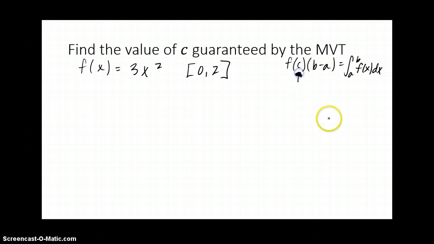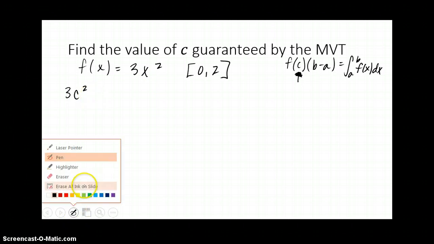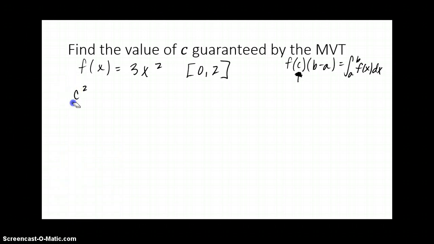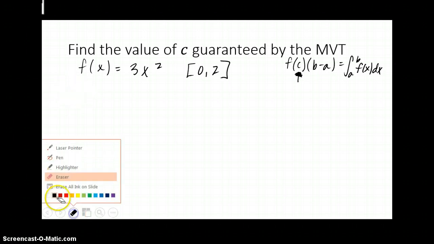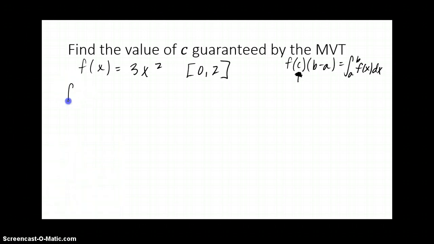This is what we're solving for in this problem. So f of c, that would be our function here, just replacing x with c. Let me solve for everything else first. Alright, so f of c times b minus a, 2 minus 0 would give us 2, equals the definite integral.